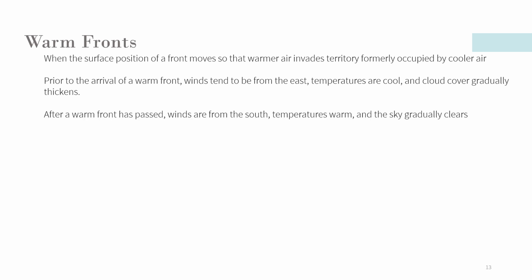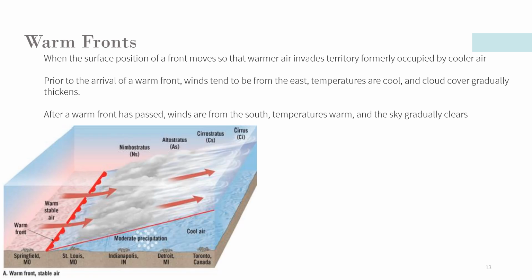After a warm front has passed, the winds are from the south, the temperatures are warm, and the sky gradually clears. So this is the weather after the warm front has passed.